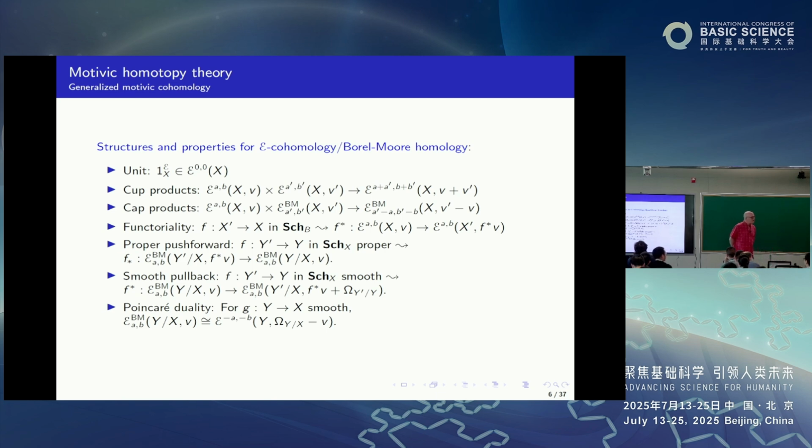And it has the properties that you'd more or less expect. There's a unit in bi-degree 0, 0 on X. You have cup products. They're sort of bi-additive in the shifts, and they're also additive in the twist. The cohomology acts on Borel-Moore homology by cap products in an expected way.